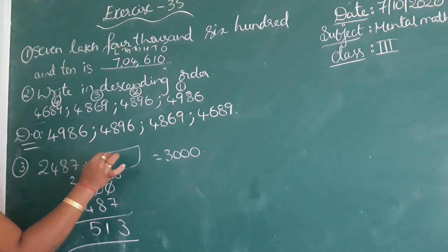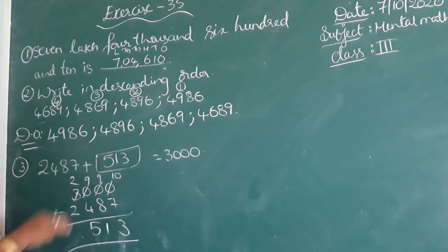It's nothing but 513, the difference between 3,000 and 2,487. Okay. See the next one, Amma.